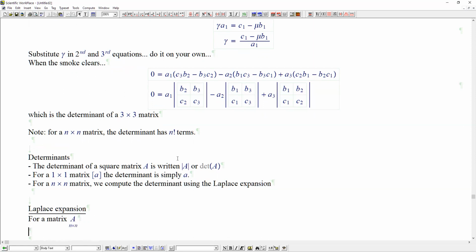For a matrix A in n by n, the determinant equals this thing. So it's the sum, i equals 1 to n, of (-1) to the i plus j, times A_ij, times the determinant of matrix A_ij, which I'm going to explain what this is, so don't panic.